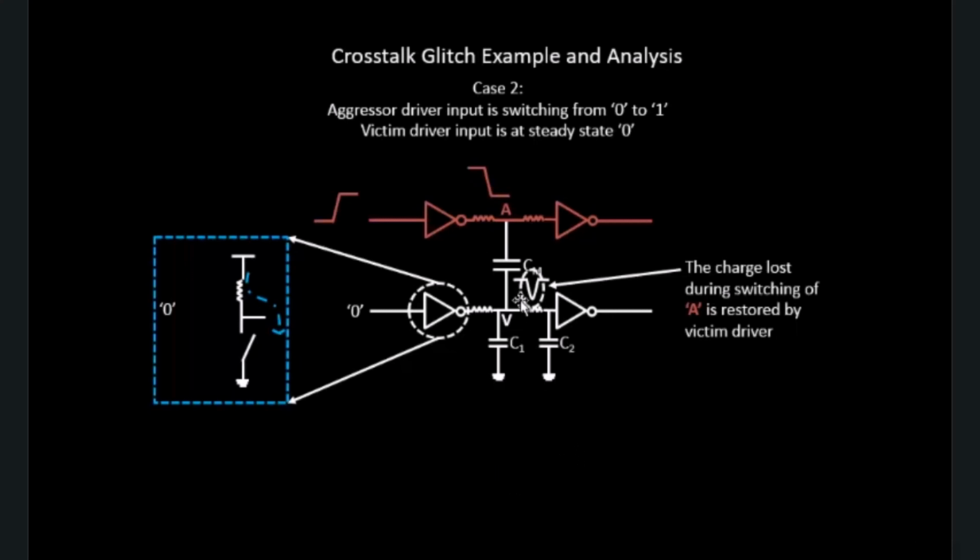For example, we have to look at how tolerable this glitch is. So in that case we have to study the concept of noise margin and so on. One way we found to avoid the glitch is to make this resistance as low as possible. But there are other implications, or other disadvantages, of doing that.